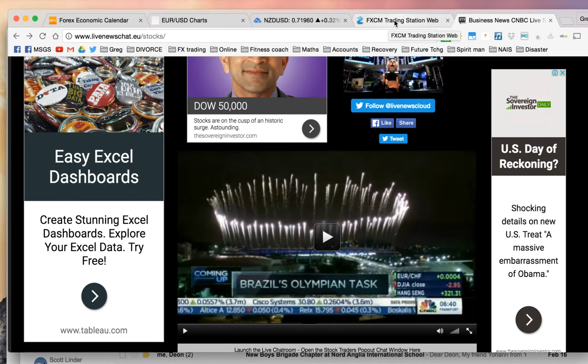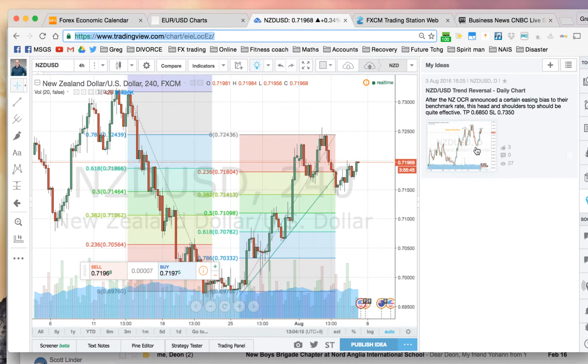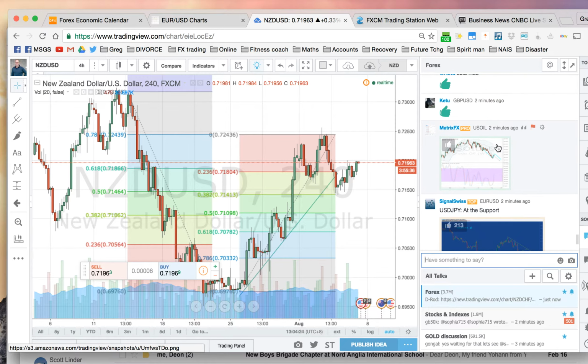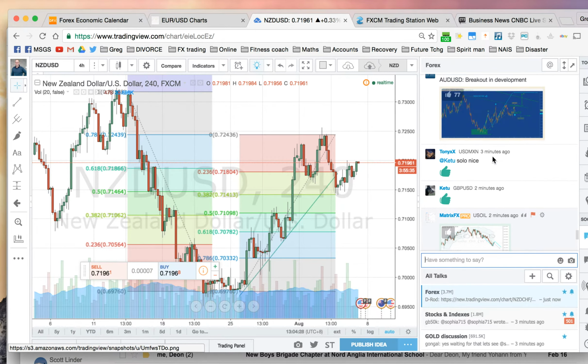And then lastly, I'll keep my trading station open. So you need to have a broker. My broker is FXCM, and I have my charts open, and I have my social networking here, which I can use to chat to other traders as I'm trading, and they will give analysis as well and what they think on different time frames.